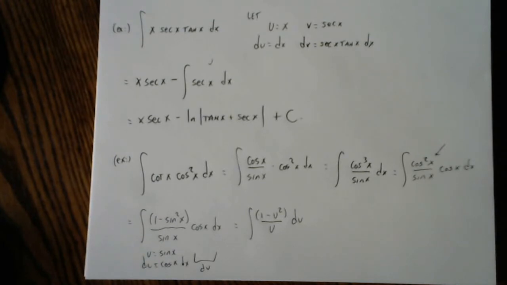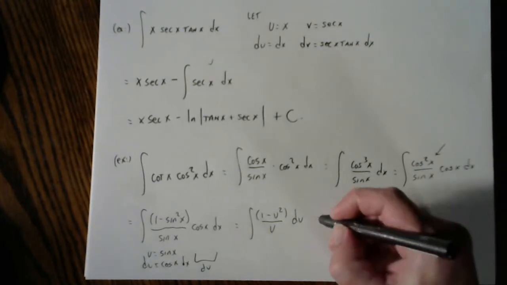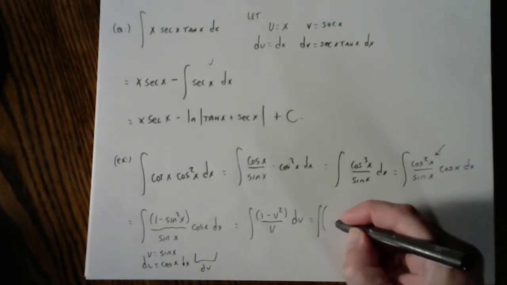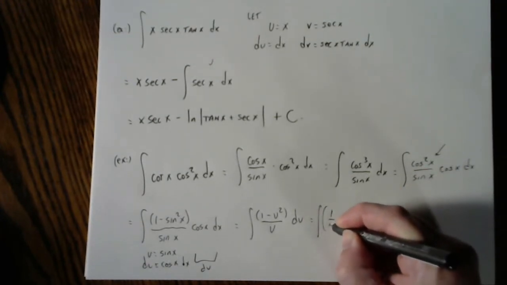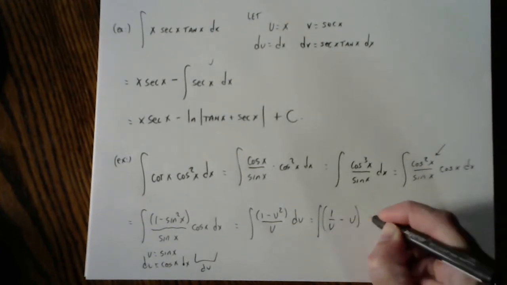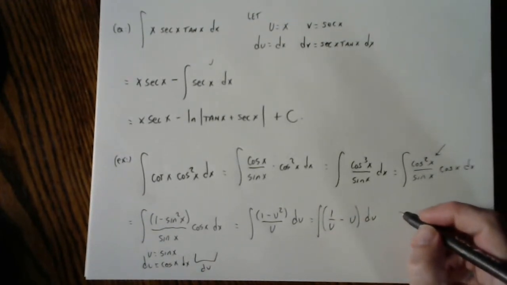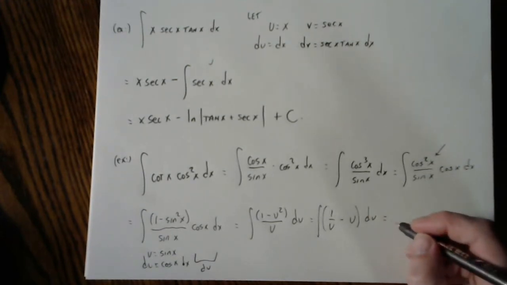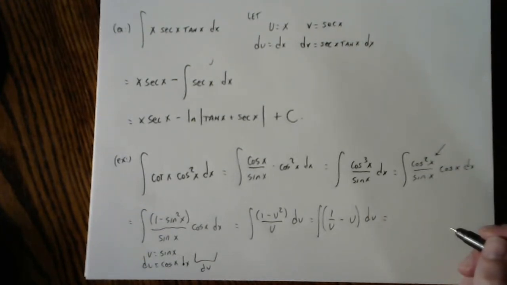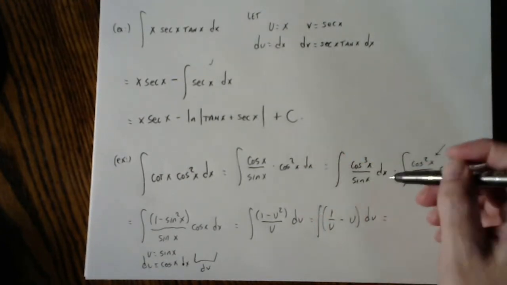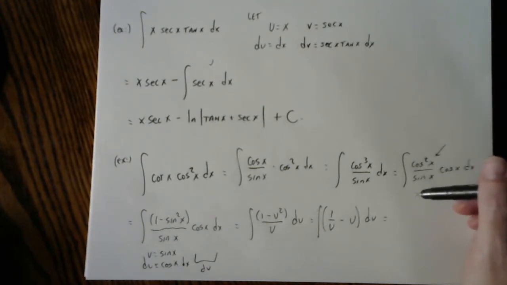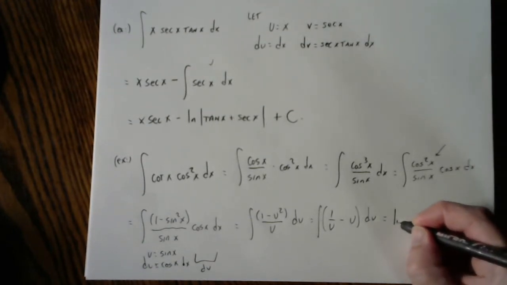So I'll have 1 over u minus u du. Interesting. I thought this would be easier. Cosine over sine squared, right? Cubed. Squared. Looks good. I thought this would have a much easier answer.